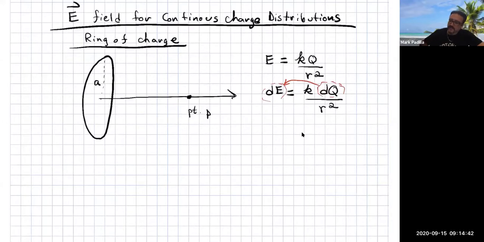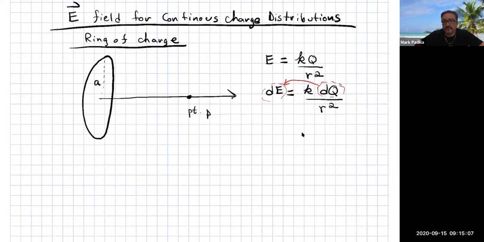So I'm going to break this ring up into a bunch of dQs, differential pieces of charge, which are infinitesimally small. That's the mathematical language for differentials. That's the physics interpretation.